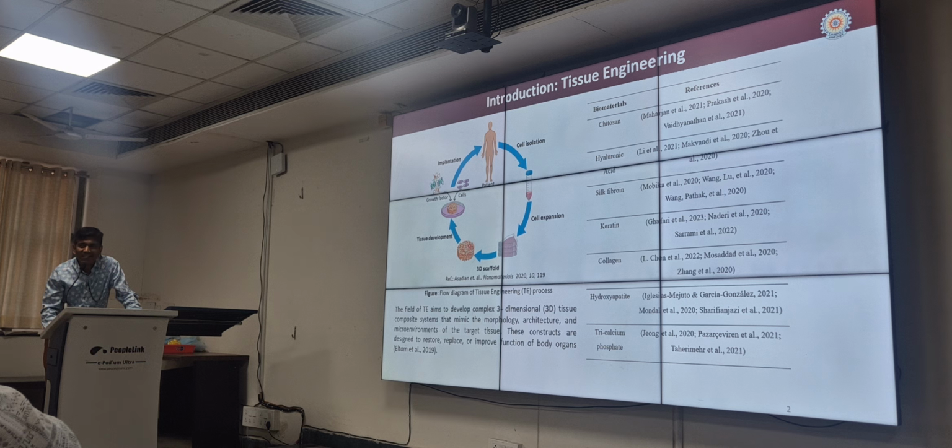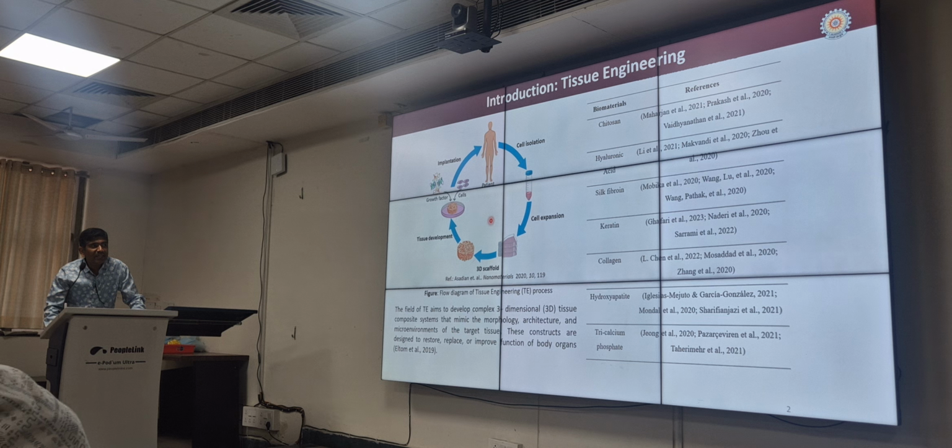So this is the basic idea behind tissue engineering, and based on the different parts of the body, we have to select the scaffolds, the growth factors, the cells. A variety of different components are there. In layman's language, you can understand the different parts of tissue engineering, but it is not as easy and simple as it looks.